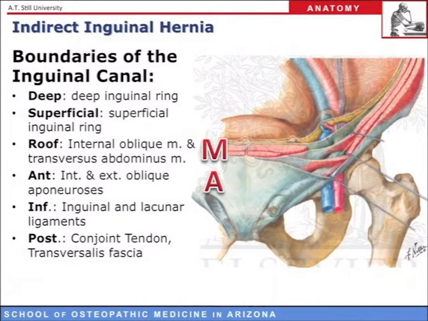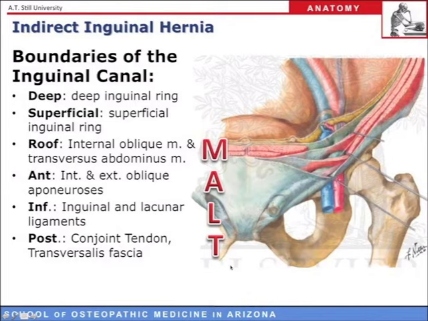The inferior border is made up of two ligaments. That's the L, the inguinal and the lacunar ligament. And to round out the word, we've got the posterior boundary of the inguinal canal made up of the conjoint tendon and transversalis fascia. So for each of these letters, there are two structures that make up that particular boundary of the inguinal canal.